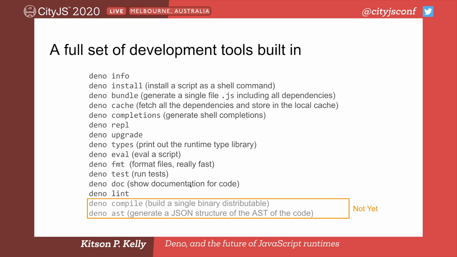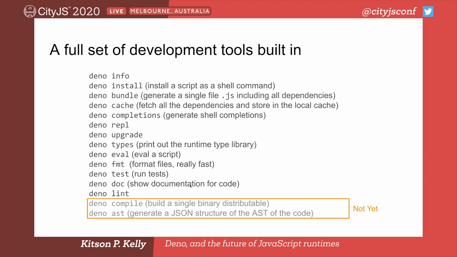And completions will generate your shell completions, and we've got a REPL, and it can upgrade itself. And types, as I mentioned before, will print out the runtime type library, and it has a formatter built in.